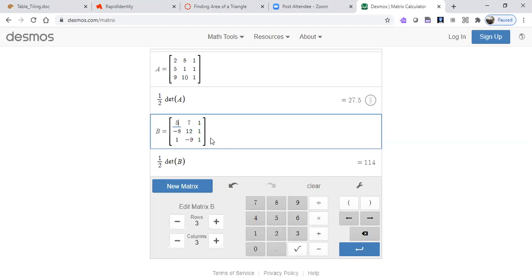Now, if I did this -8, 12 one first, and this one would be the 5, 7, is that right? Negative 8, 12, and 5, 7.